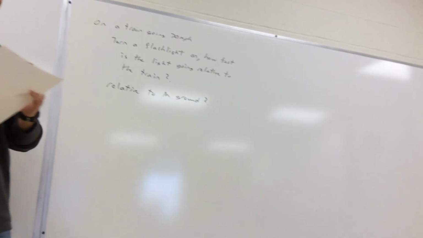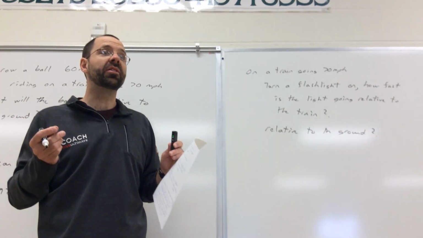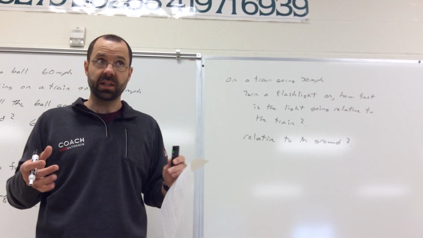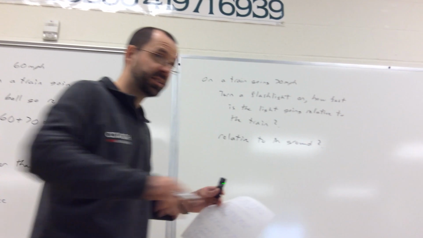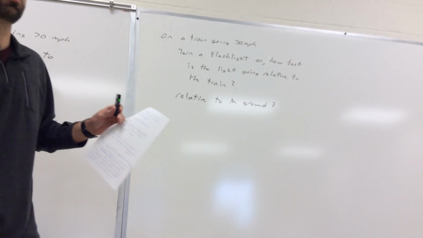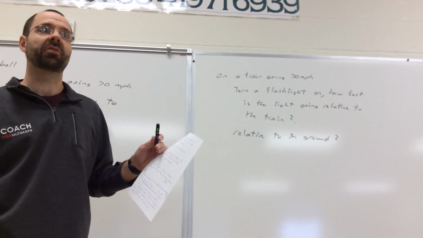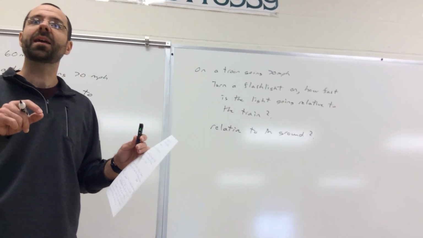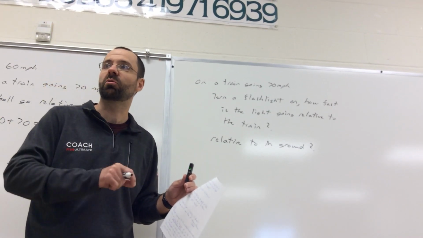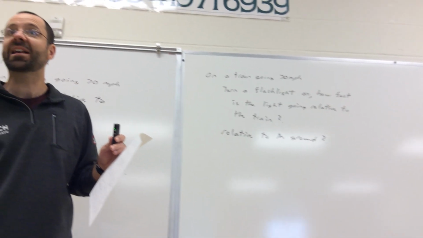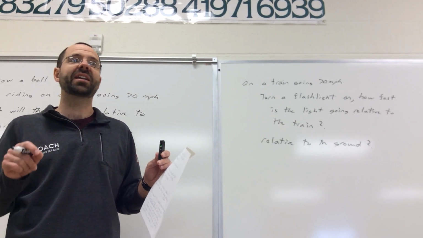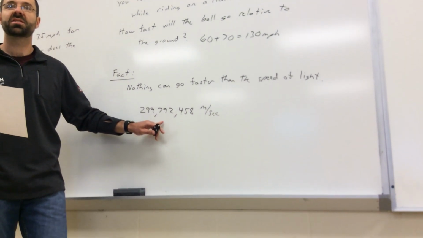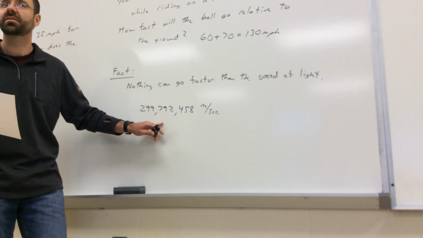Okay, so here's the quandary. The ball that we throw is going 60 miles an hour relative to the train, but 130 miles an hour relative to the ground, right? But the light is going the same speed relative to the train and the ground, because nothing can go faster than the speed of light. So I can't add 70 to this, right? Because nothing can be added to this.